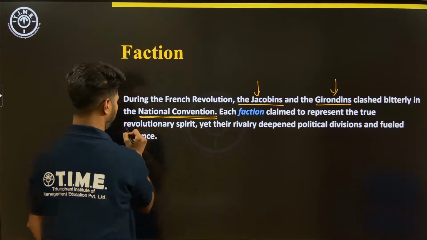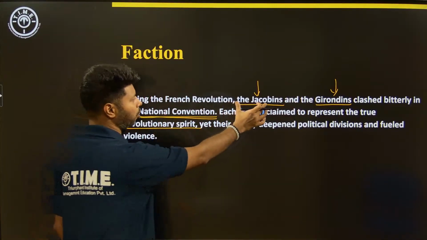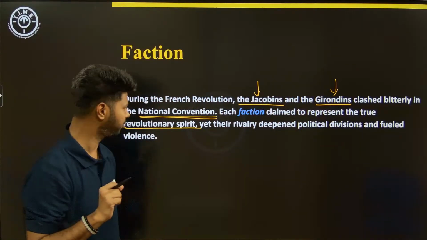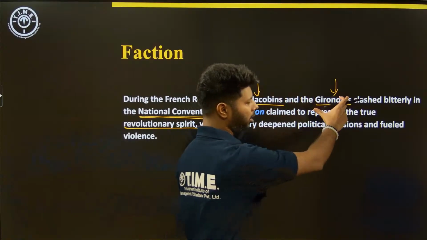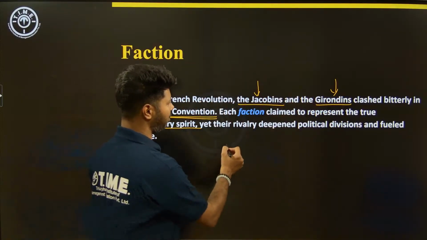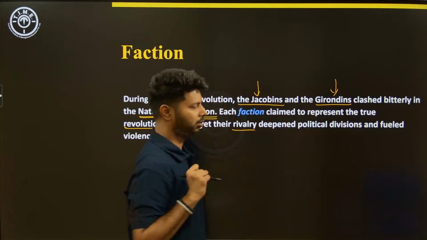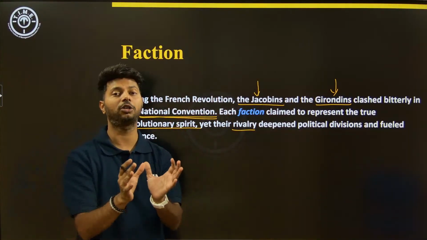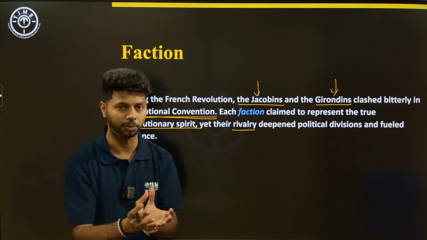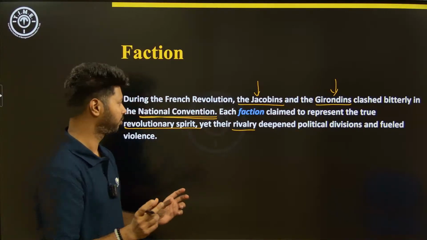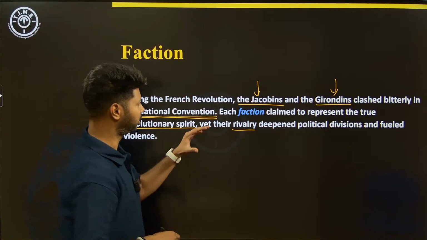These two groups both represent the true revolutionary spirit. So they're both claiming to represent the same thing, yet they have a rivalry. From what I understand here, they're both part of the same larger group, and within that larger group, they have differences, right? That's what this is.